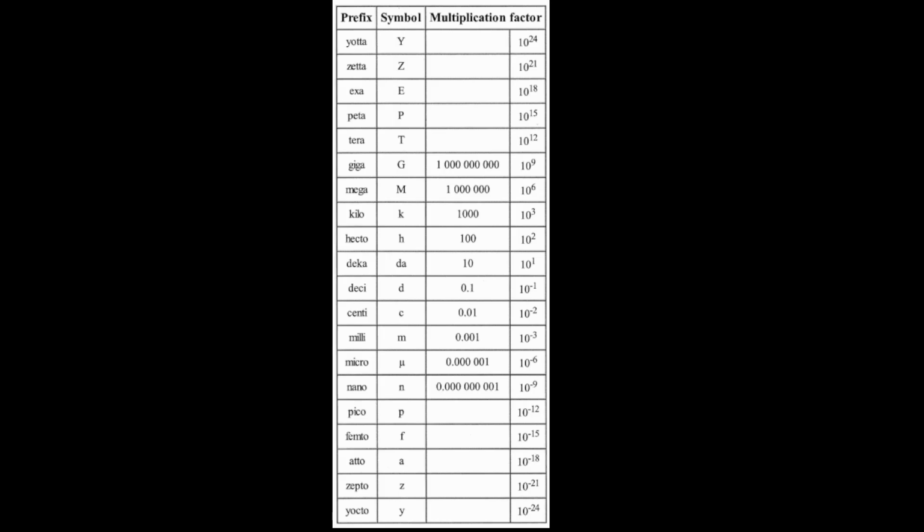This chart shows everything from 10 to the plus 24th to 10 to the negative 24th. Most of those we don't use. We normally use the ones that I just referred to. Those 6 are very important. So please try to keep those in your mind as we go through this.